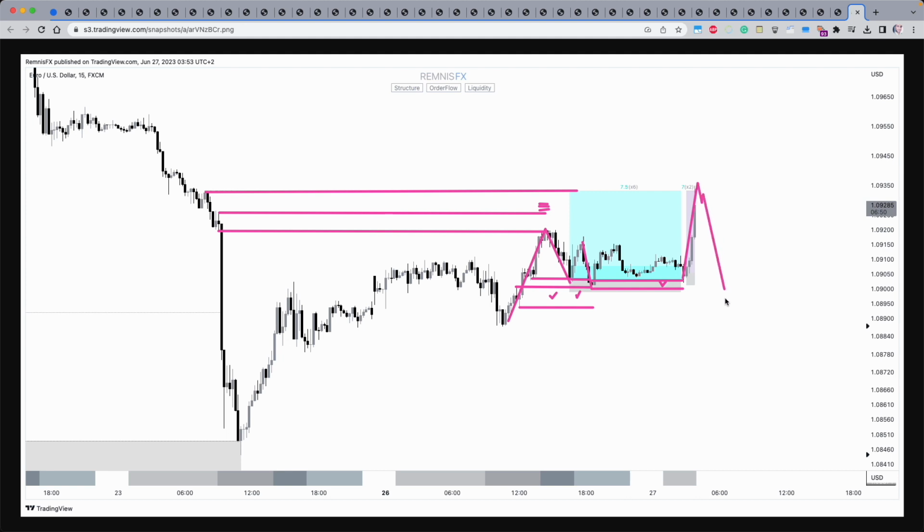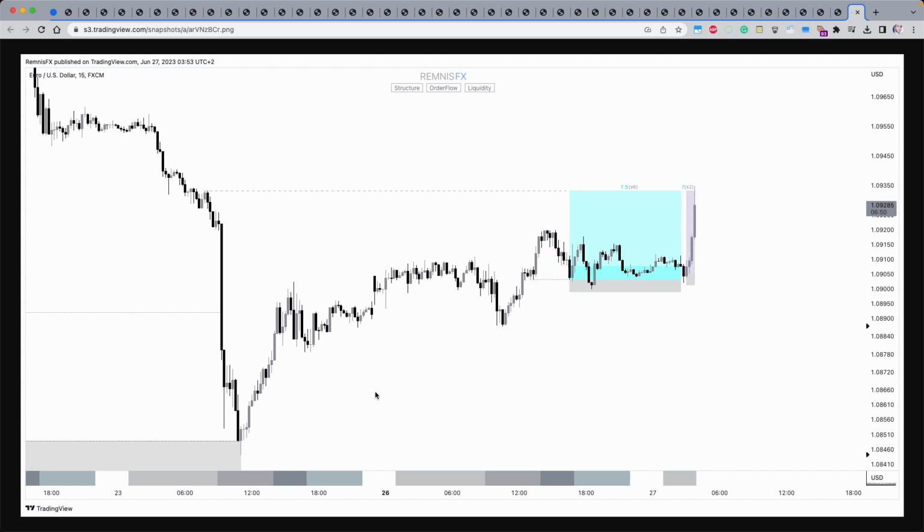So at this point, price may still come here to take out this now inducement. Well, actually, it did something like this now.